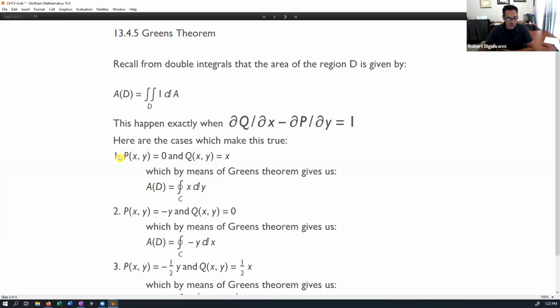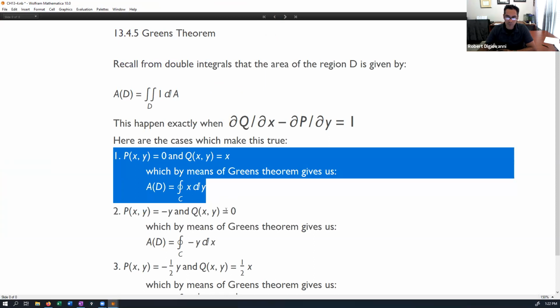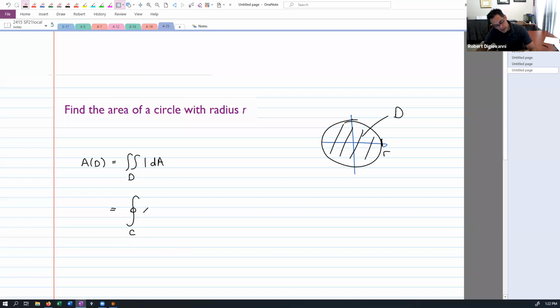I want us to look at this first case. So this double integral will be equal to the line integral over the closed curve C of x dy.